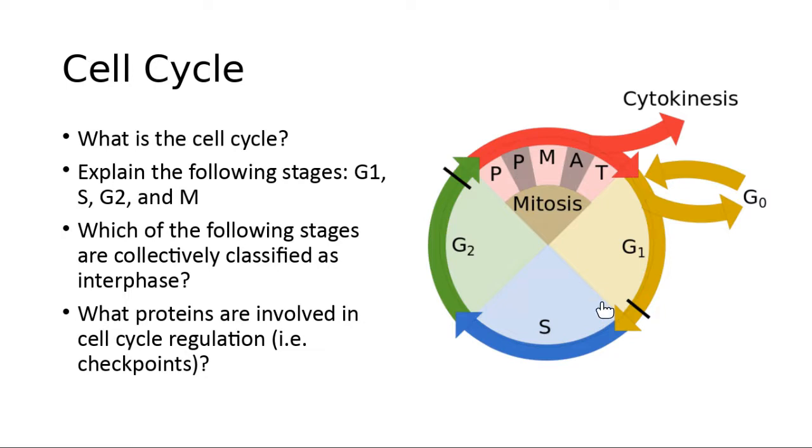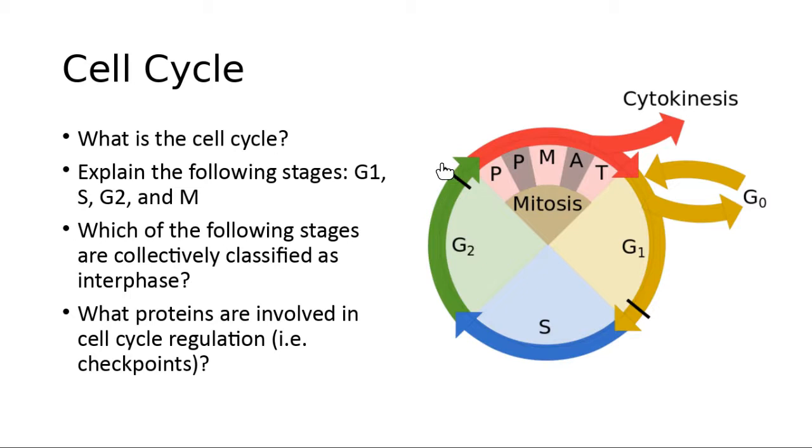And there are 3 checkpoints, right? We talked about the G1S checkpoint. So before we replicate DNA, we need to make sure that nothing's wrong with the DNA. So that's the G1S checkpoint. And then there was a G2M checkpoint. So before we're actively dividing, do we have all of the stuff needed to make 2 daughter cells?